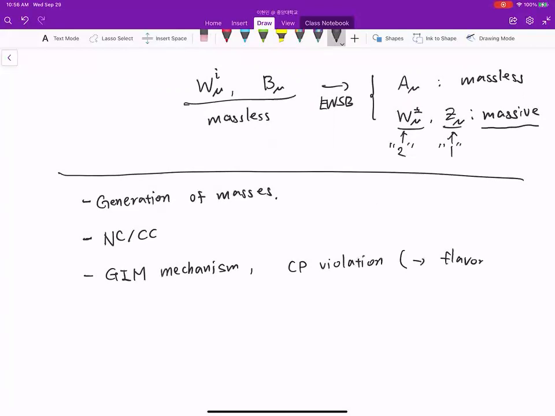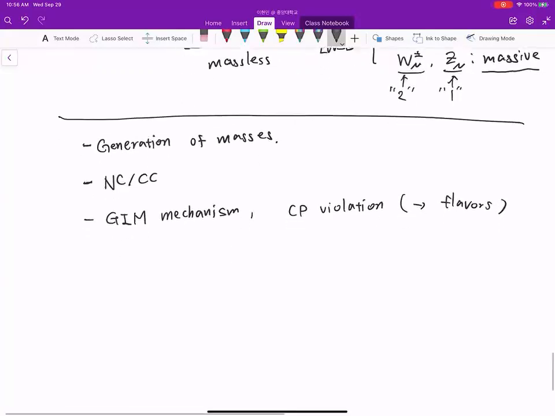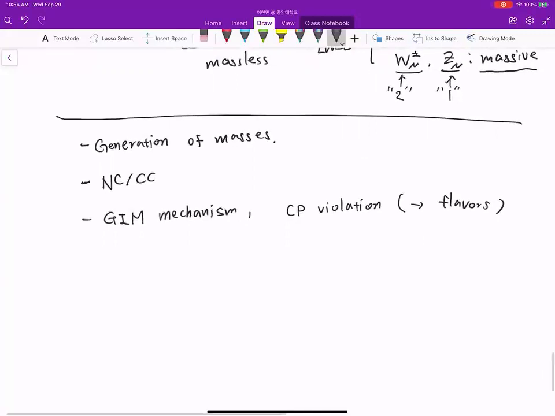And flavor includes the generation of masses, also the structure of mixings and CP violation, etc. So for the GIM mechanism, flavor mixing is crucial for it to work. So we are going to discuss this one. For neutral current and charged current, we are mostly going to discuss neutrino scattering processes, beta decay and muon decays.